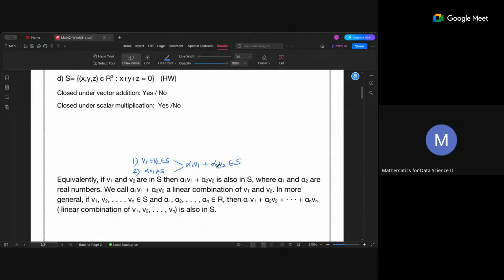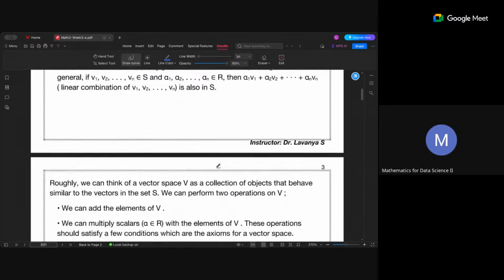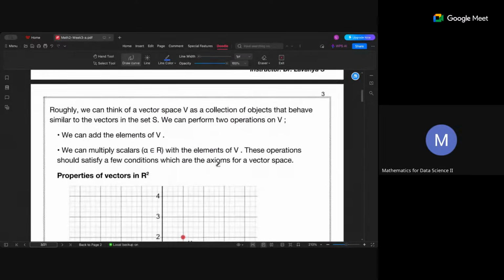Now, what we have seen so far is what is meant by closure under addition and closure under scalar multiplication. Whether a set is closed under addition or closed under scalar multiplication, this much we have understood. With this understanding, we move ahead to the starting point of what vector spaces are.